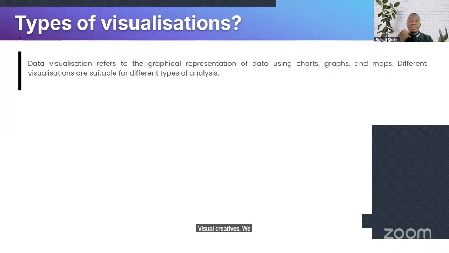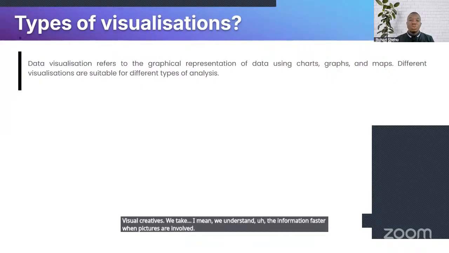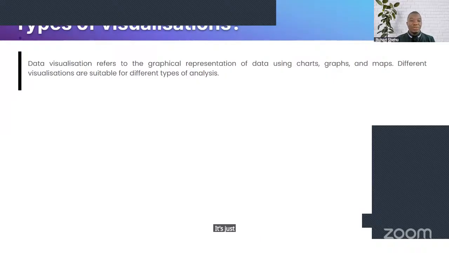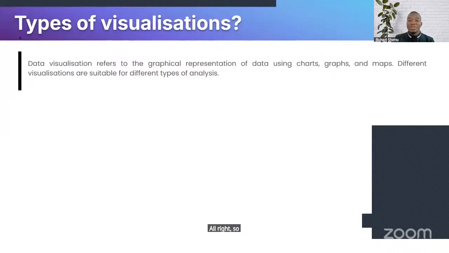We understand information faster when pictures are involved. So if you want to be good at reaching your insight, then it's better you try to visualize what is abstract. All right, so you can use charts, graphs, or maps.